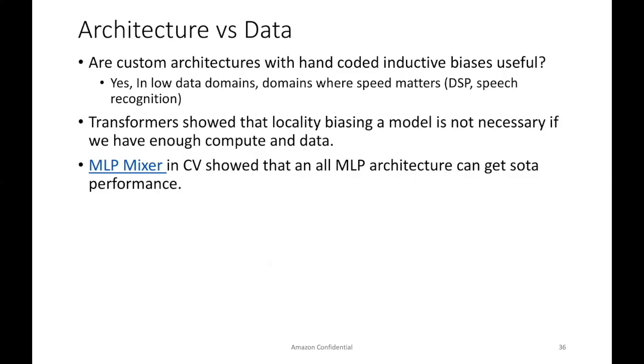So data quality and data quantity are important things to look at when you are solving a machine learning problem. In case you can get more data or better quality data, always go for that before going for improved architecture or more computation. Always hunt for data before you hunt for architectures and more computation power.